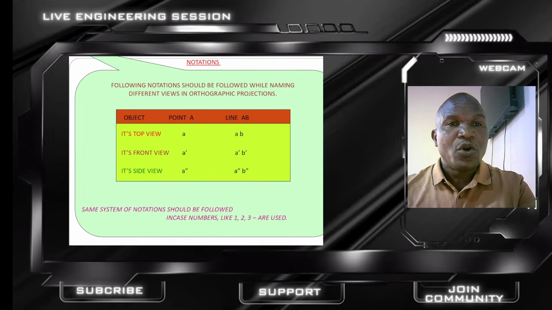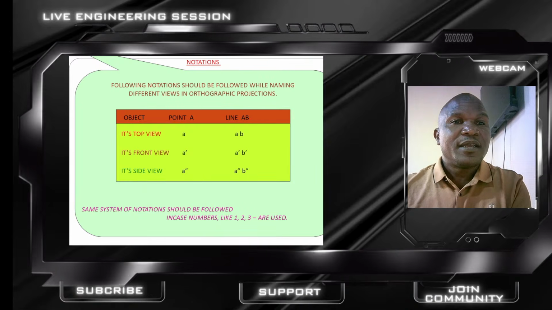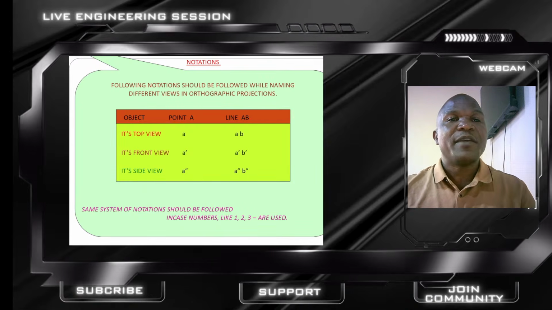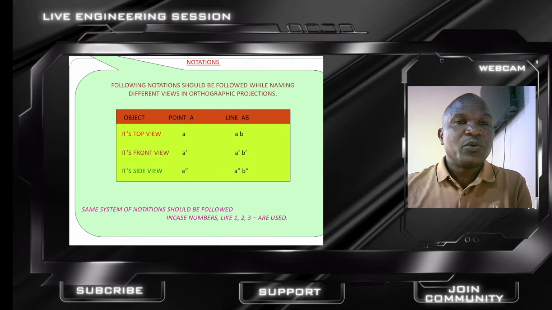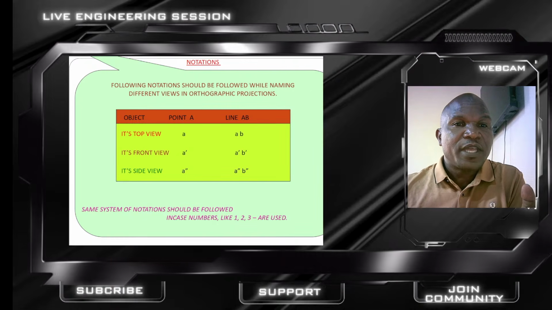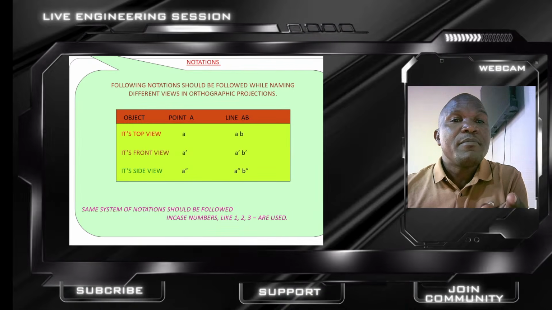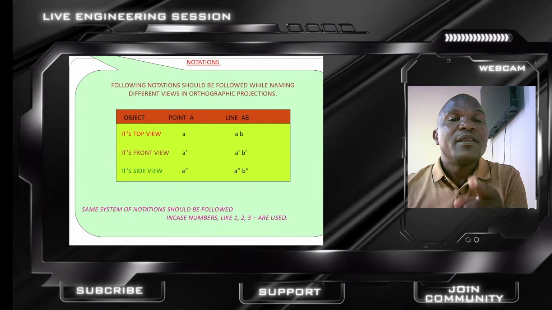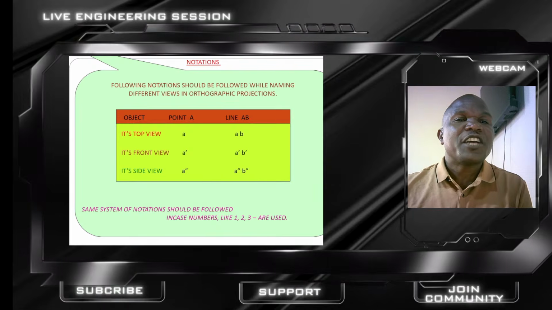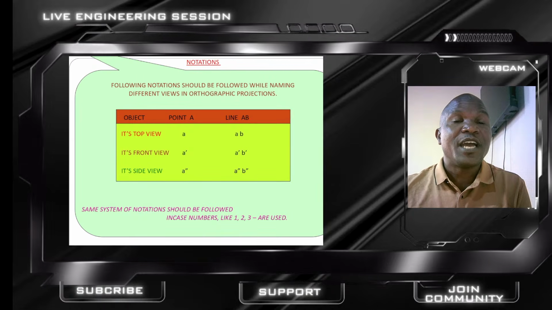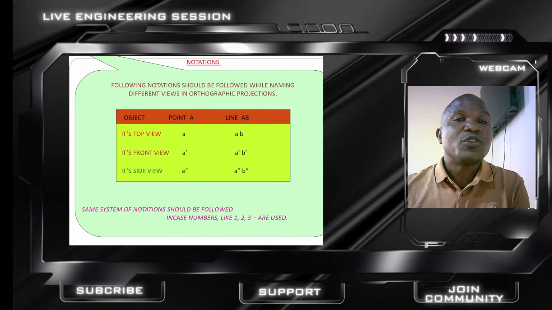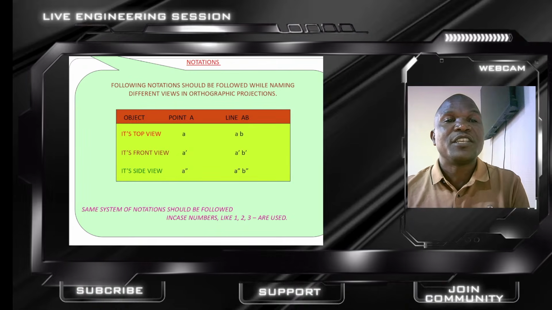In this example, the top view will use small letters like a, b. Small letters with a dash, a prime, b prime, are the front view. The double dash, a double prime, b double prime, is what we will use as a side view. Pay attention.